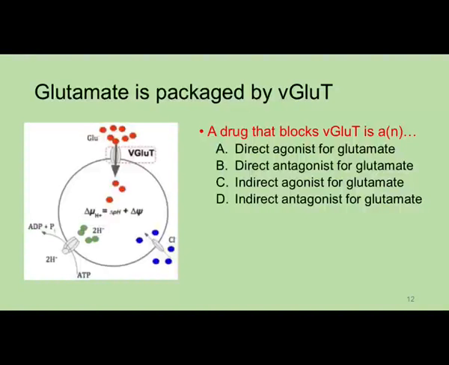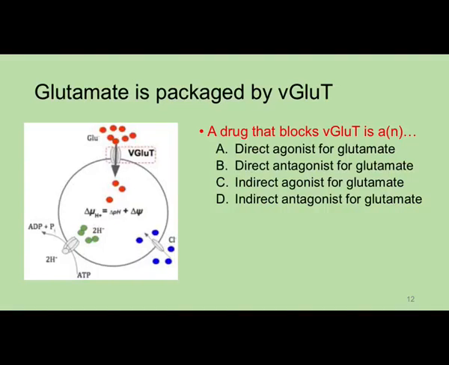In order to package neurotransmitter into vesicles, we use a transporter protein. This transporter will be specific for the neurotransmitter in that cell, and it will use ATP to pump the neurotransmitter into the vesicle. Glutamate is packaged by the transporter V-GLUT, vesicular glutamate transporter.